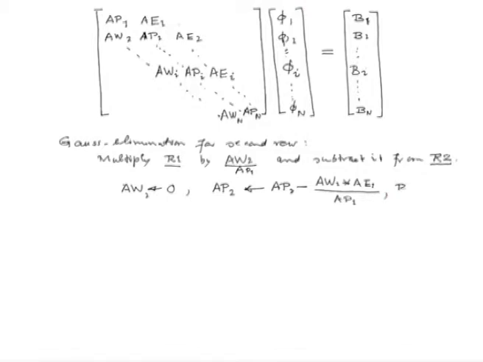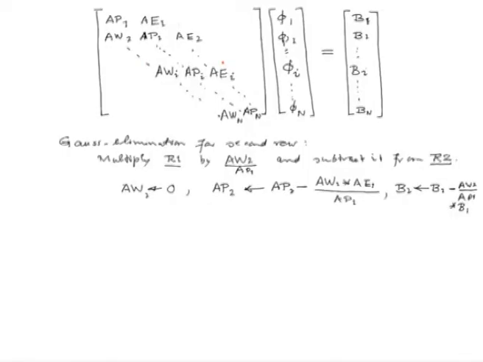So, this B2 would be modified as B2 minus AW2 by AP1 into B1. So, we can clearly see that the same process can be applied to any of the subsequent rows. For instance, for eliminating the AWI entry from the ith row, we will multiply the I minus 1th row by AWI divided by API minus 1. So, AWI gets eliminated.